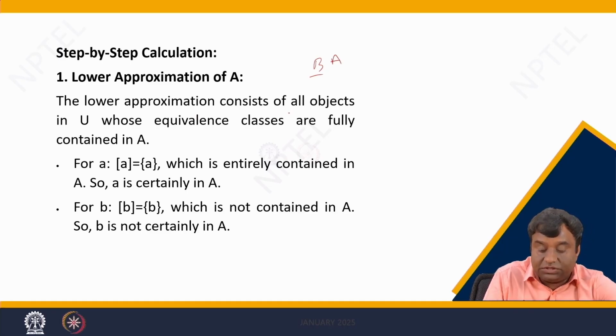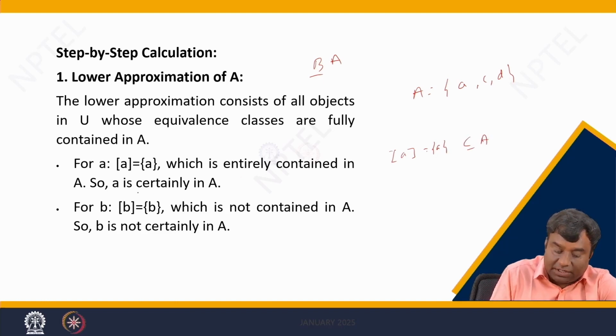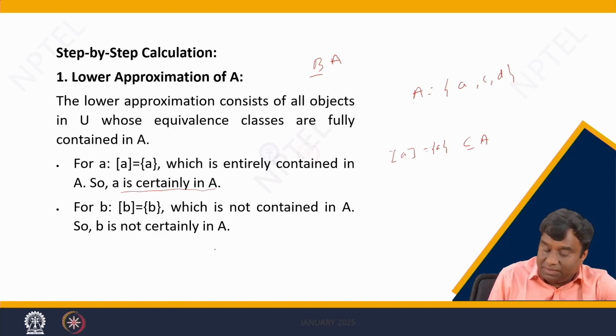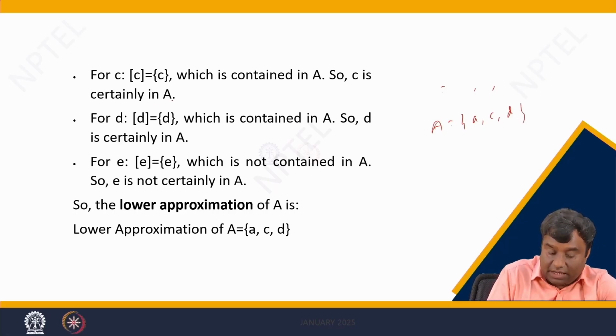The lower approximation consists of all objects in U whose equivalence classes are fully contained in A. So here A is A, C, D. Now try to understand: the class of A is A, which is a subset of the target set, so it is entirely contained in A. So A is certainly in A. Similarly, B is not contained in A, so B is not certainly in A. C is contained in A, C, D, so C is certainly contained in A. D also, and E is not.